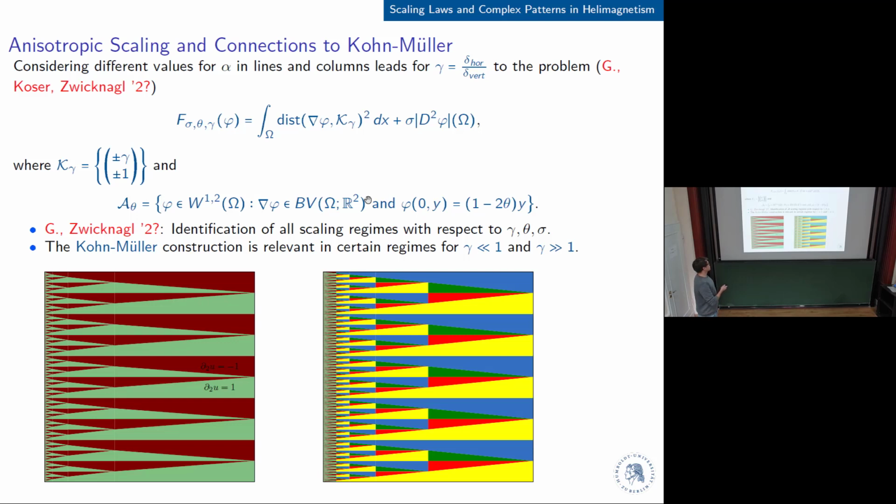Depending on how large gamma is, either this one shifts over here, or this construction shifts over there. We prove this rigorously in terms of scaling laws and corresponding lower bounds, but that's one regime. There are quite a few regimes with the 3 parameters. This slide is just the corresponding explanation.